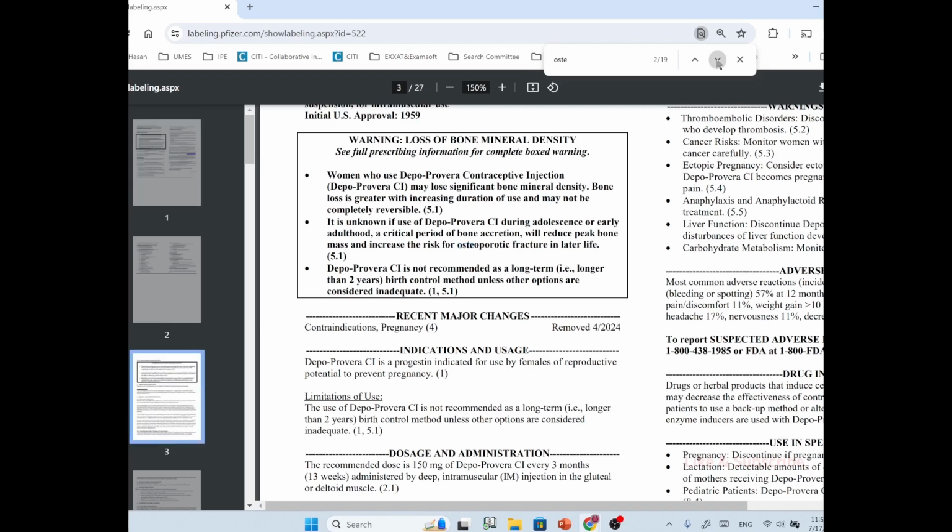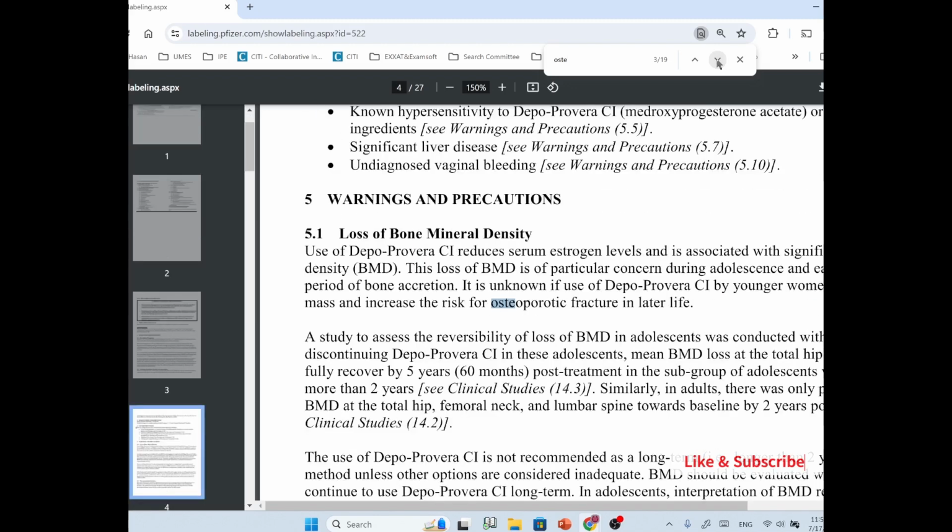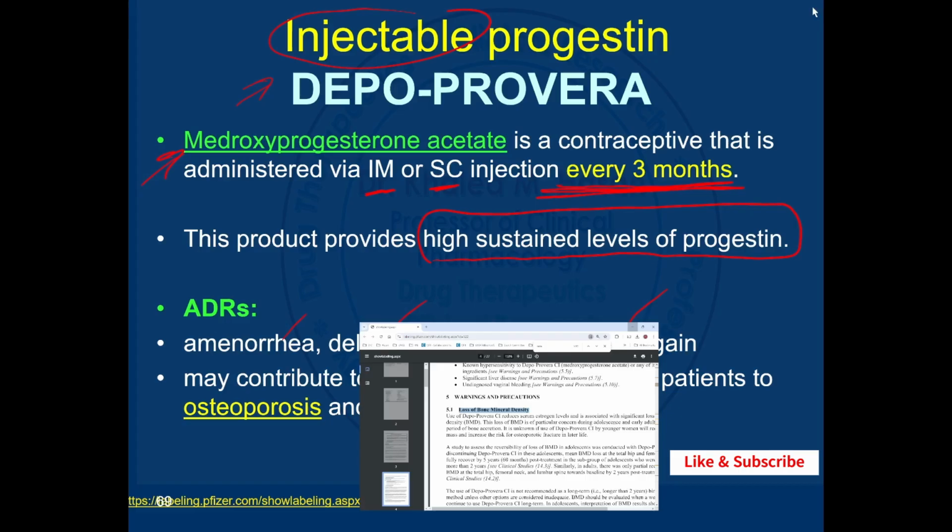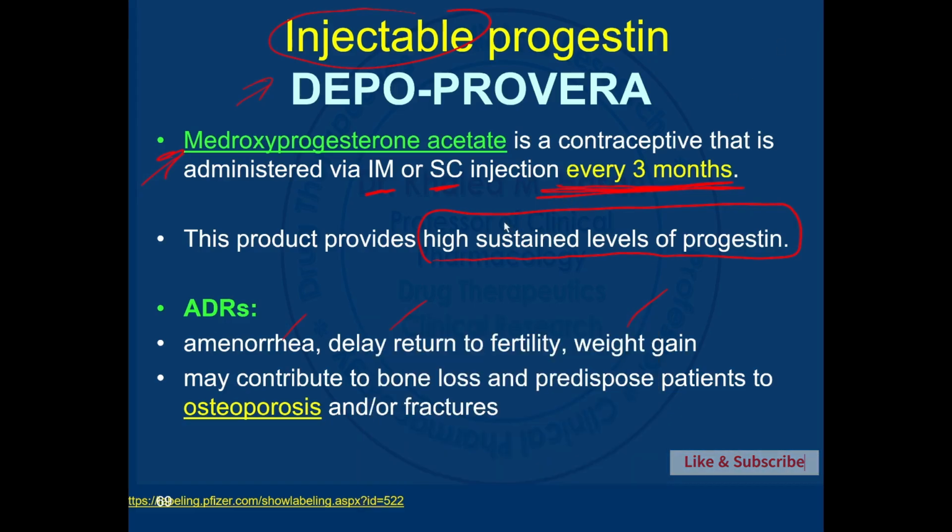And they said here we have studies that demonstrate that Depo-Provera may decrease bone mineral density. So Depo-Provera injectable every 3 months may cause a risk of osteoporosis and fractures.